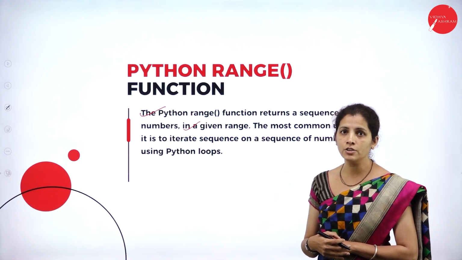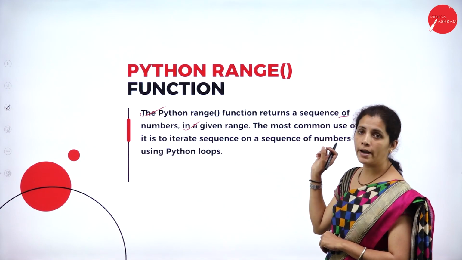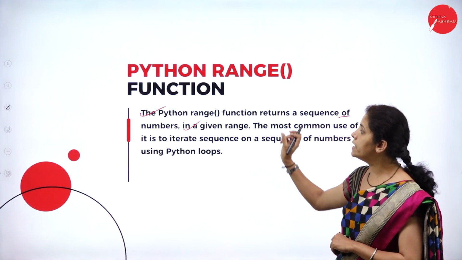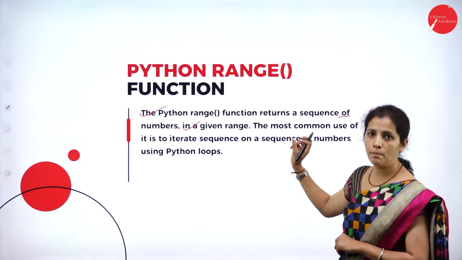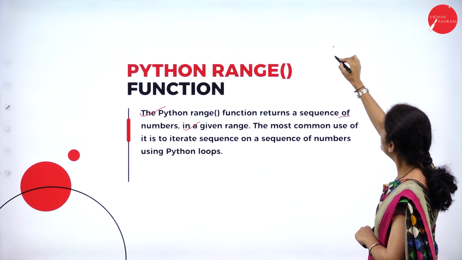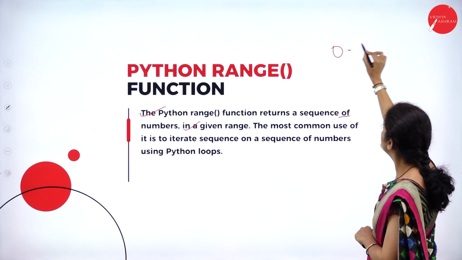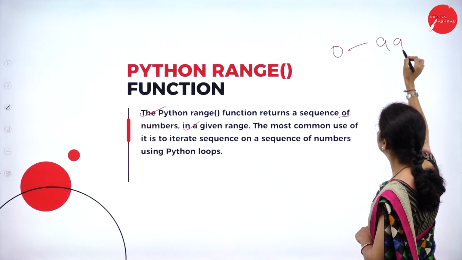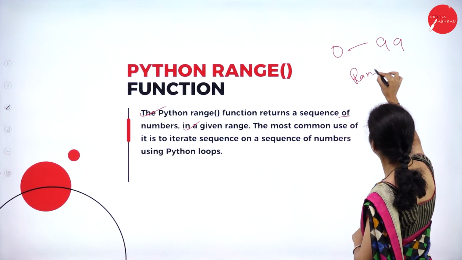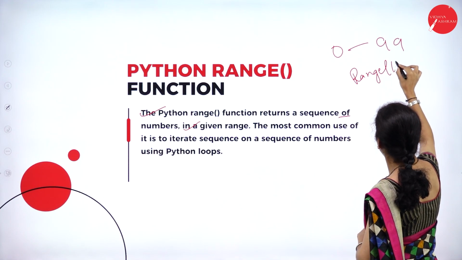It's a built-in function supported by the Python programming language, in order to generate a sequence of numbers in a given range. So, if I want to generate 0 to 99, then my range function is range(100).